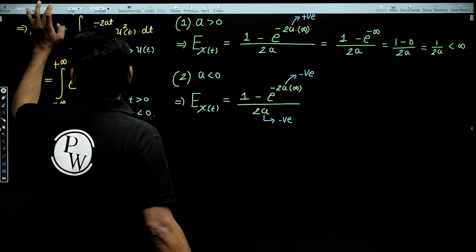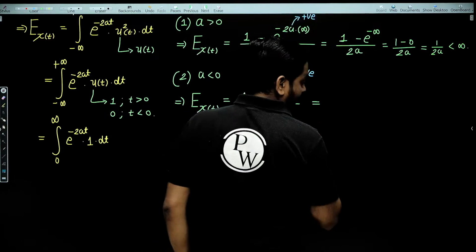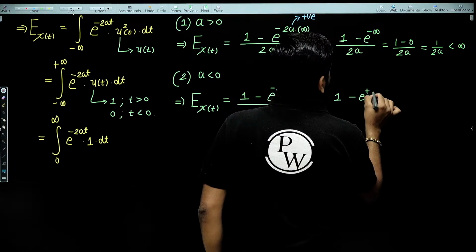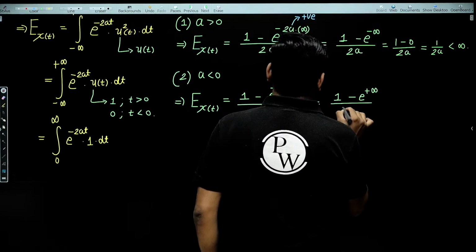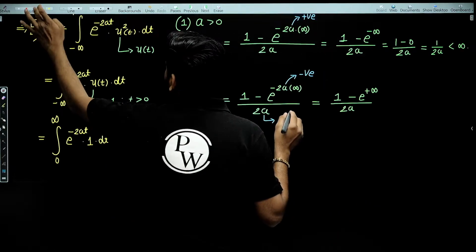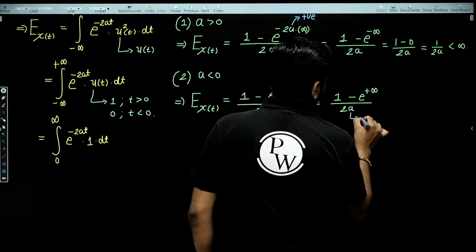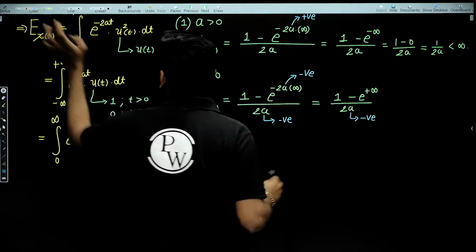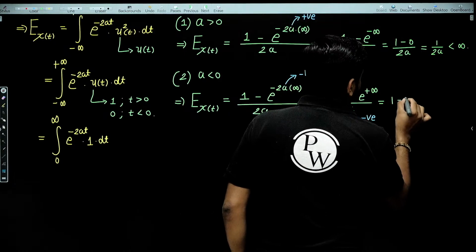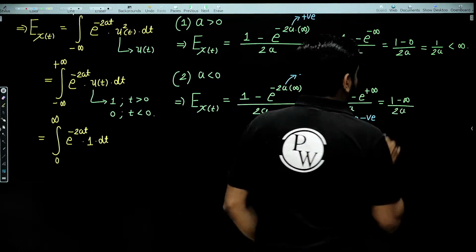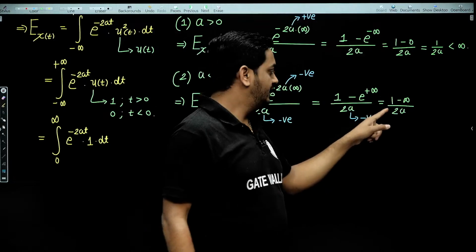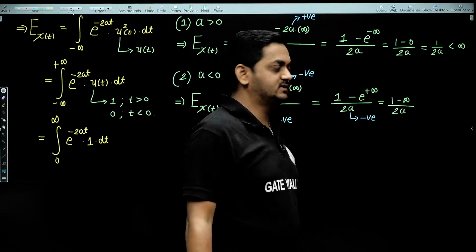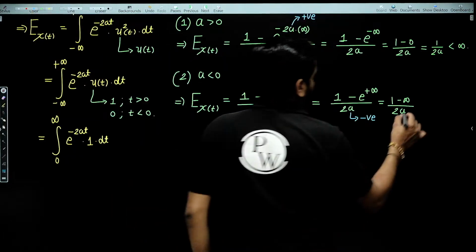It will be 1 minus e to the power plus infinite, divided by 2a. Again a is negative. So 1 minus infinite gives minus infinite in the numerator, and in the denominator a is negative. So negative and negative cancel out, and in this case the energy will be infinite.